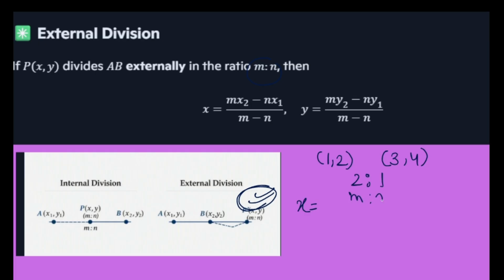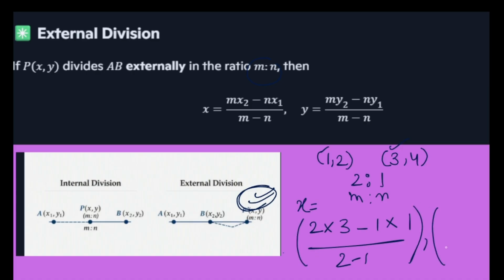This is m, this is n. m is equal to 2, x2 is equal to 3, minus n is equal to 1, x1 is equal to 1, upon m minus n. The first coordinate of P is this. Next, m times y2 is equal to 4, minus n times y1 is equal to 2, upon 2 minus 1. So the answer would be (6 minus 1) by 1, that is equal to 5, and (8 minus 2) by 1, that is equal to 6. So the external division formula gives the point (5, 6).